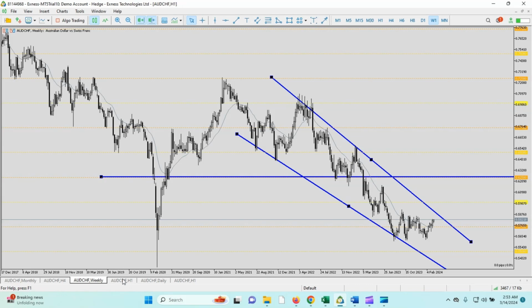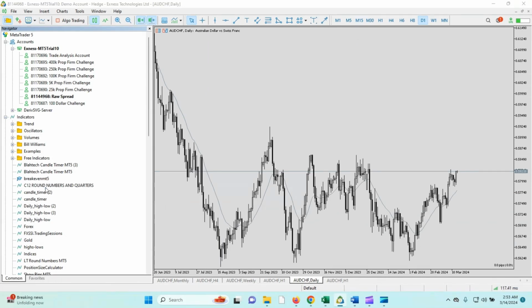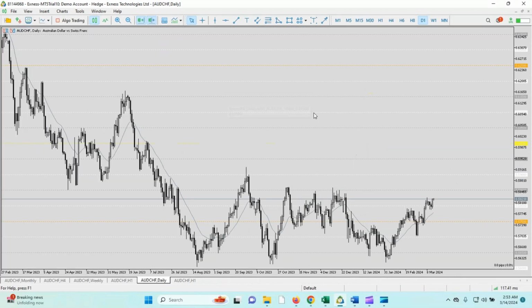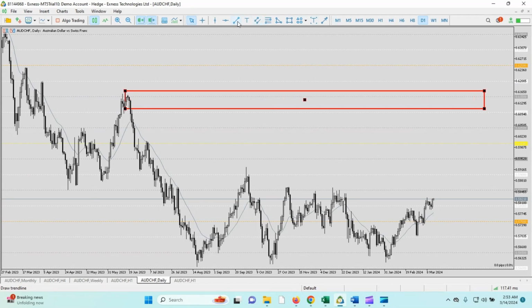Then on the daily time frame, what can we see on the daily time frame? We have this supply zone, and this is more like a trend line liquidity.